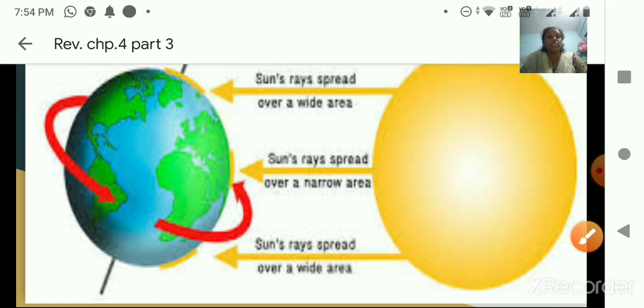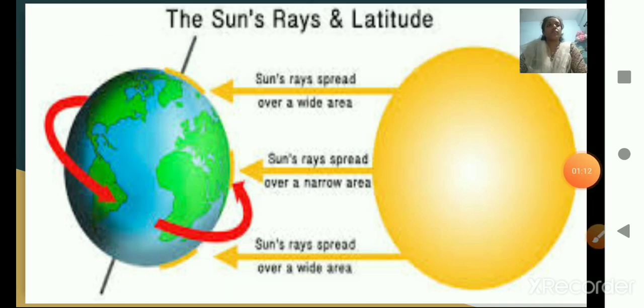Isn't it? That means the slanting rays have to hit up a larger area of the earth's surface as compared to the direct rays that fall on the equator. Isn't it, children? Yes. Hence, places near the equator get heated more than the places near the poles.